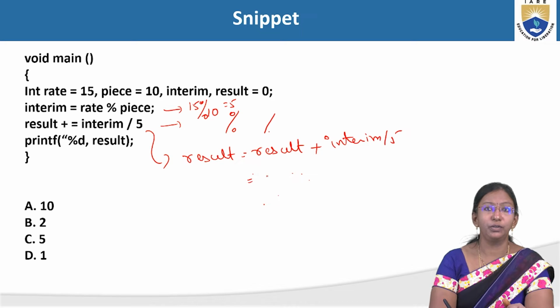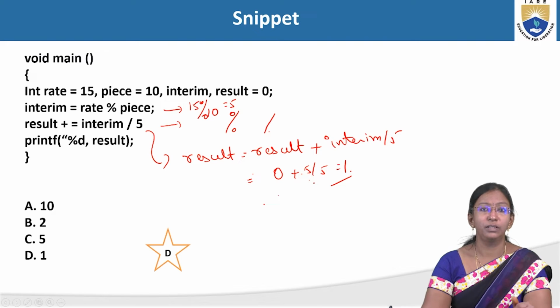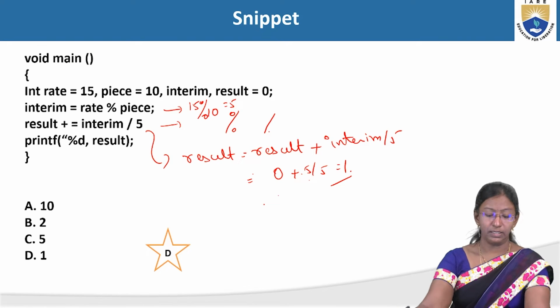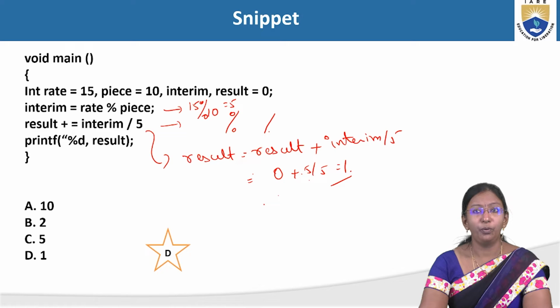Just now you have calculated that result is 0 plus 5 by 5, which is 1. So this is your result, which is D. It is a simple question. The main point is whether it takes the coefficient or the remainder.